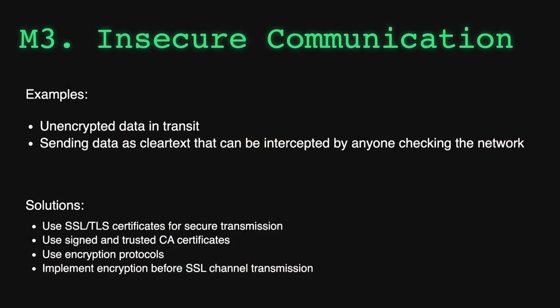When you don't use encrypted data in transit, for example, not using a proper SSL, or not using a proper CA certificate, or sending sensitive data such as a password via clear text to another point, which is going to be intercepted somewhere in the network.